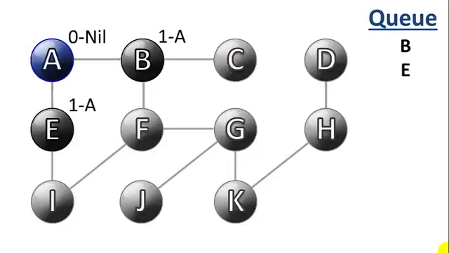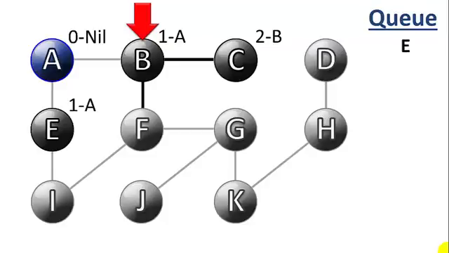Next step, we're going to pop the top item off the queue, which is B, and we're going to look at its outgoing edges to gray vertices, which is C and F. So we'll take C first because it comes first alphabetically. We'll color C black.